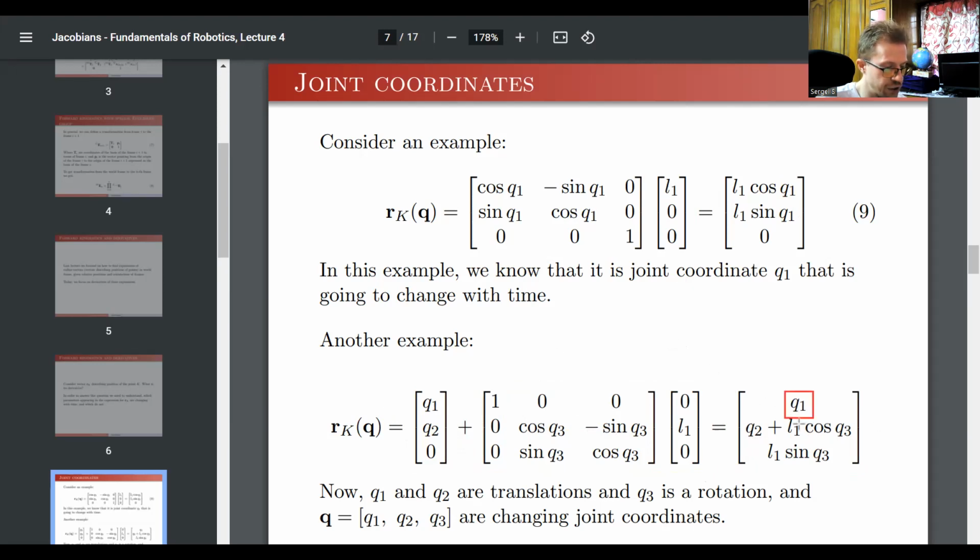Here, what is changing is q1, q2, q3 under cosine, q3 under sine. So those are parameters that are changing. Okay. We call it joint angles. However, in this case, these are not angles, these are translations. Clearly, they describe how the point translates along x-axis and y-axis, right? So x-axis this way, and y-axis this way. Okay, good.